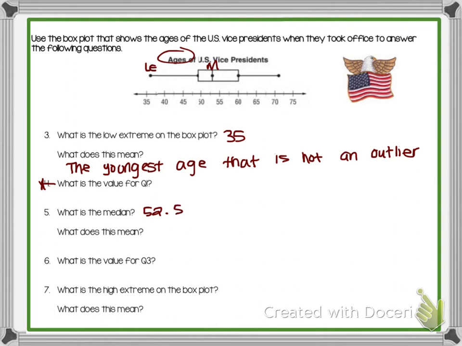What does it mean to be median? We should know this by now. It means half is more and half is less. So if we're talking about ages of vice presidents, half of them were older than 52 and a half, and half were younger than 52 and a half.